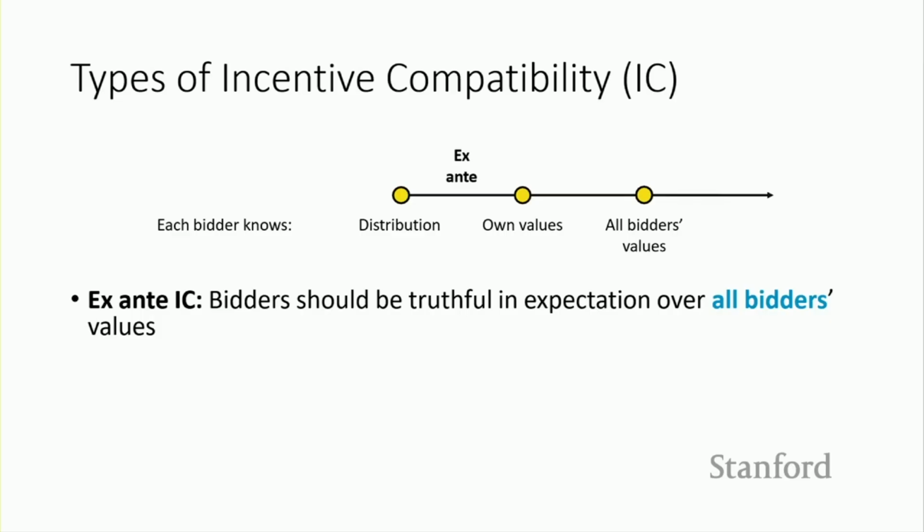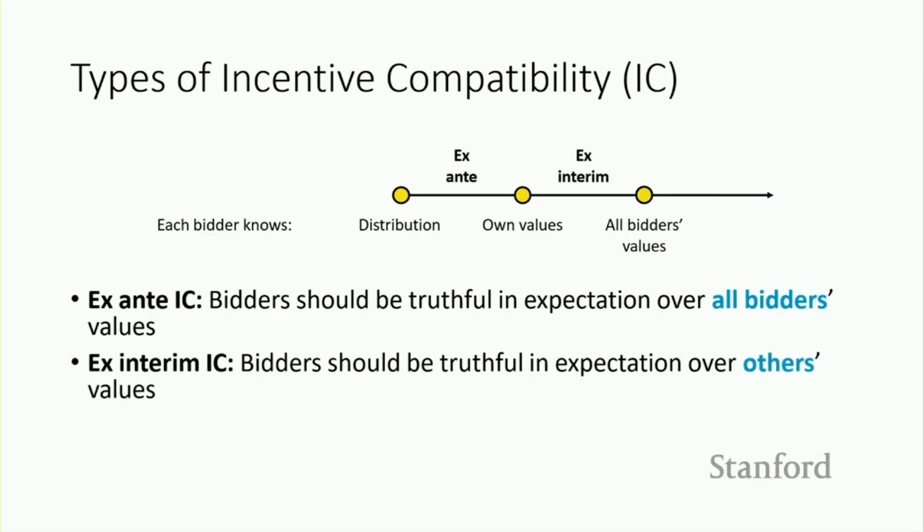So one analysis is purely distributional. You presume some distribution over values across items from all the bidders. This is often called ex ante IC, or incentive compatibility. The goal of the mechanism designer here is to ensure truthfulness in expectation over bidders' values, given knowledge of the distribution where the values are sampled from.